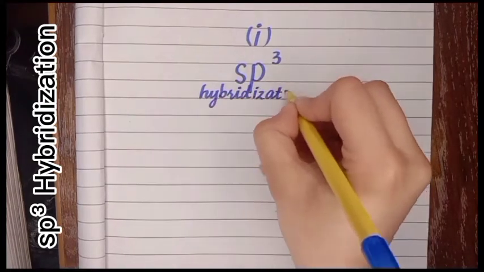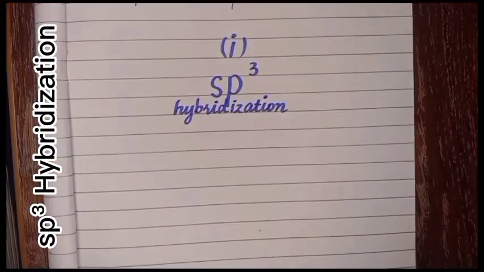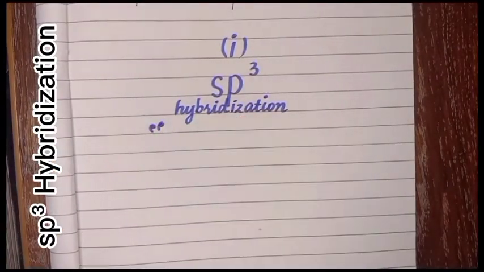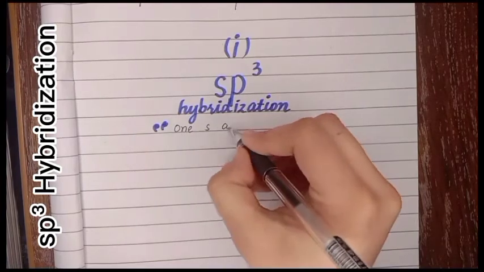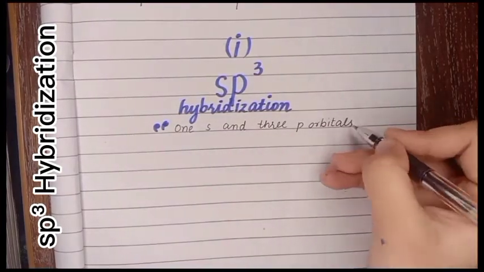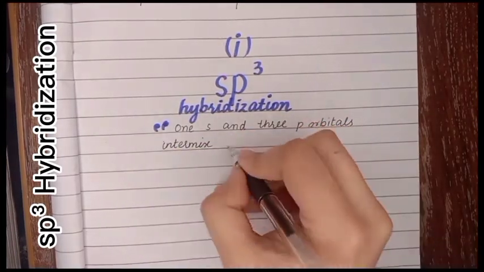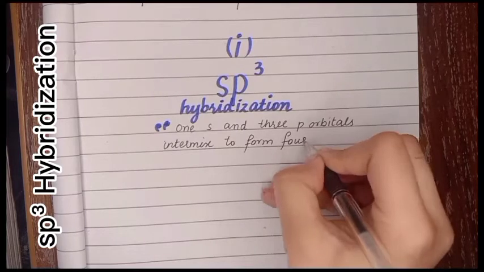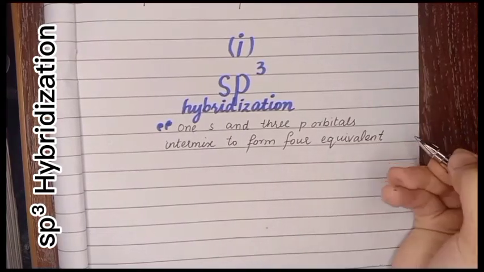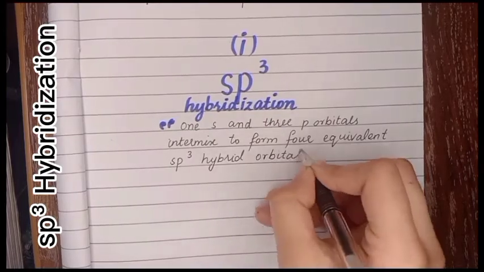So the basic definition of sp3 hybridization is depicted from the name sp3, which means that 1 s and 3 p orbitals intermix to form 4 equivalent sp3 hybrid orbitals. As I have discussed before, parent orbitals intermix and then make new orbitals which have the same energy and same characteristics.